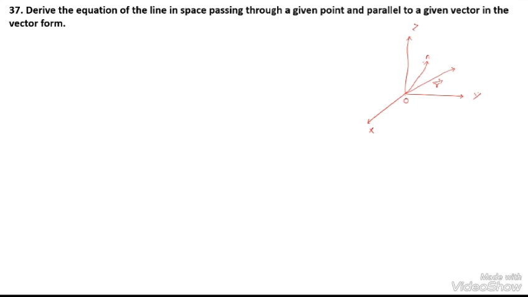This is point A and this is point B. There is a line here. Now taking the equation of the line in space passing through the given point and parallel to B, here there is a line L. Then I can draw parallel to this, that is called vector b. This is called vector b. So I can take all the points here, then discuss them one by one.